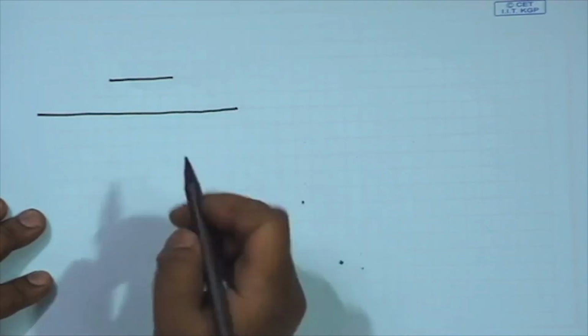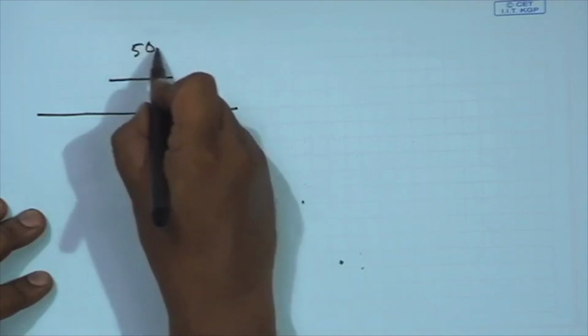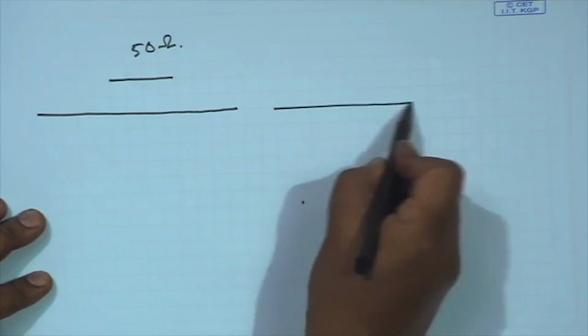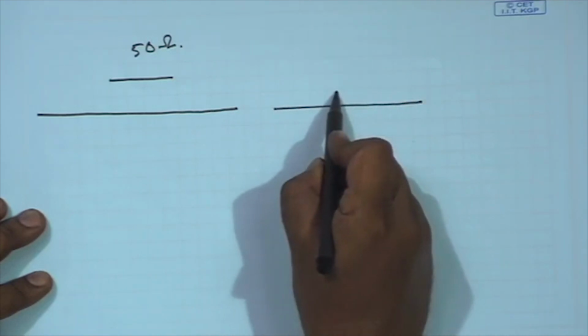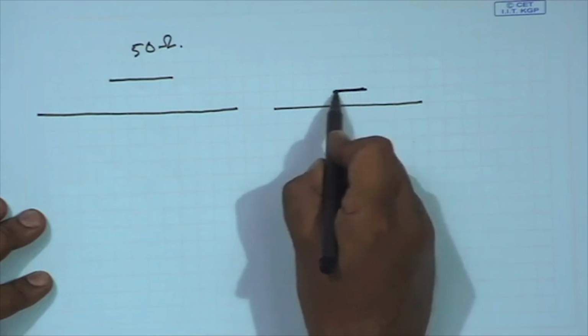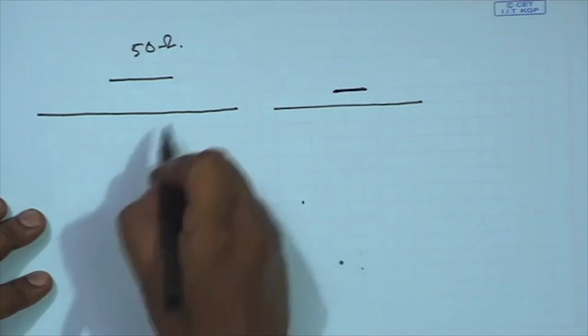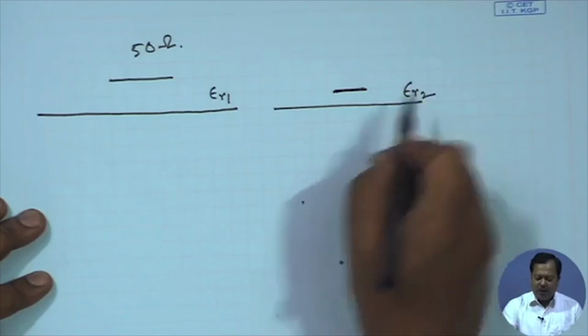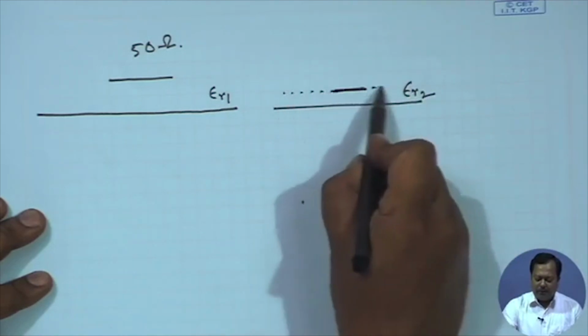So, we have two scenarios. In the first case, this is substrate 1, we are considering again a 50 ohm transmission line, and in the second case, for substrate 2, we are considering a thinner substrate here. Epsilon r for the first one and second one we are keeping the same.